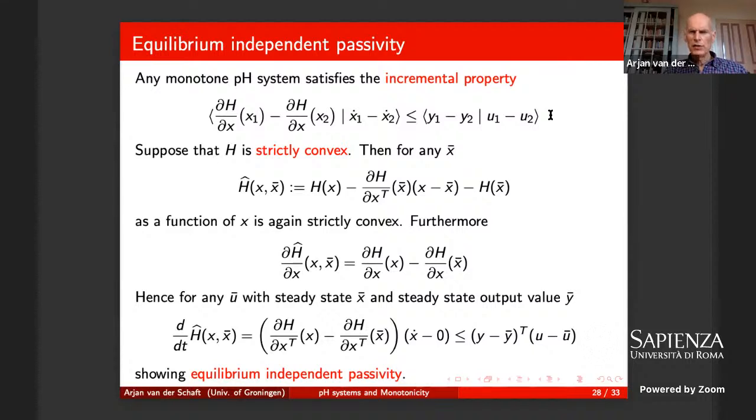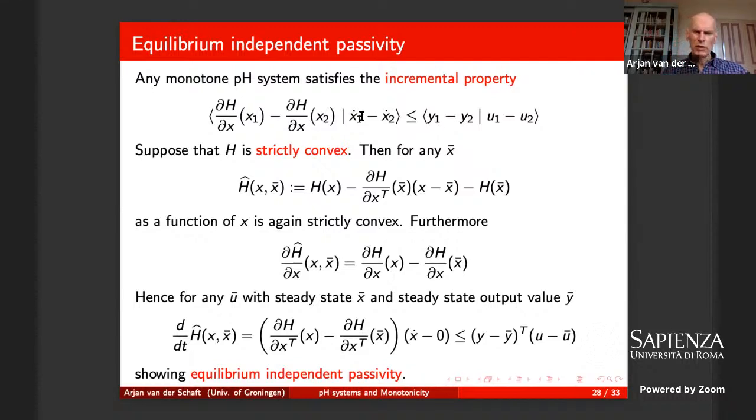So for any two solutions, x1, x2, to the incremental Port-Hamiltonian system corresponding to two input functions u1 and u2 and corresponding output functions y1, y2, we have this inequality.